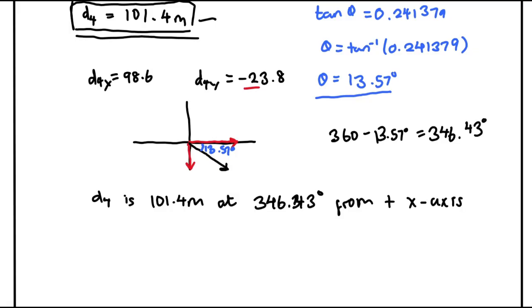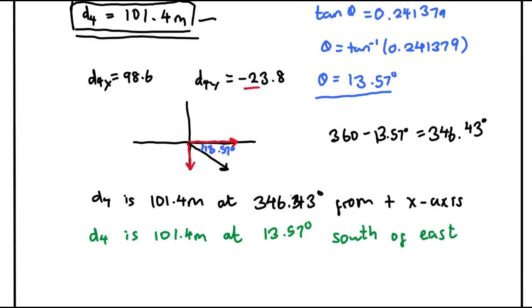Or you can also say d4 is 101.4 meters at 13.57 degrees south of east, because it comes 13 degrees towards the south from the east.